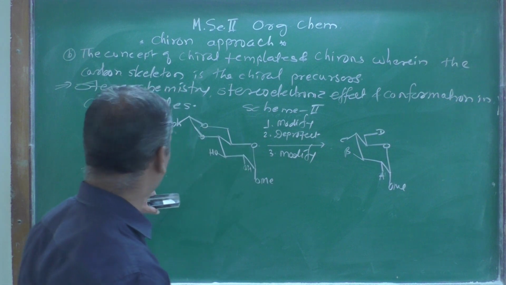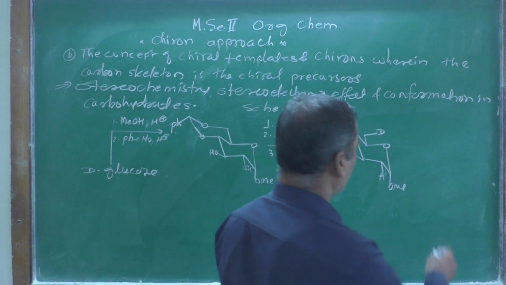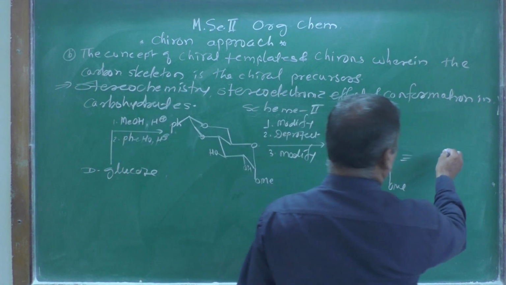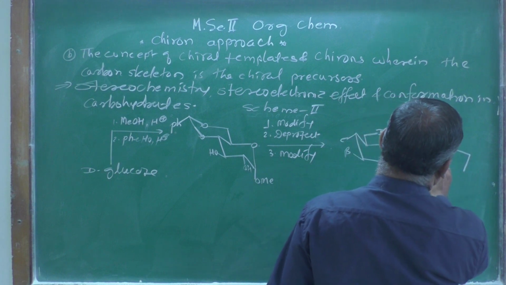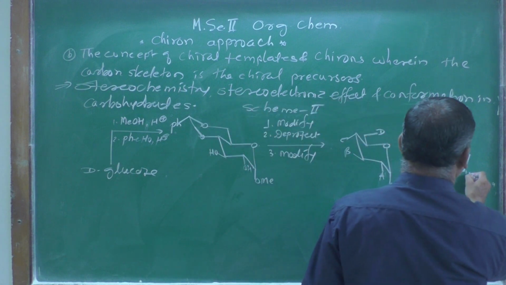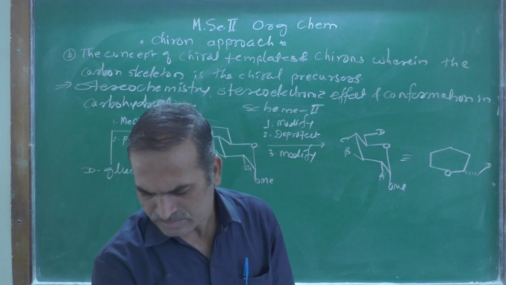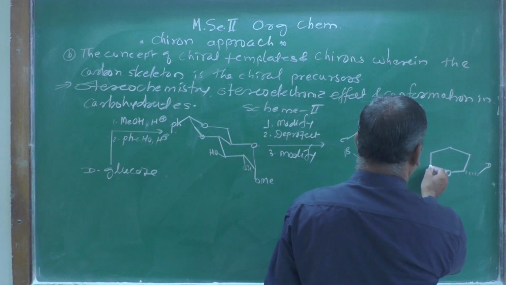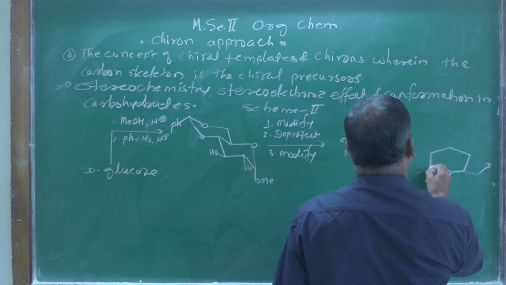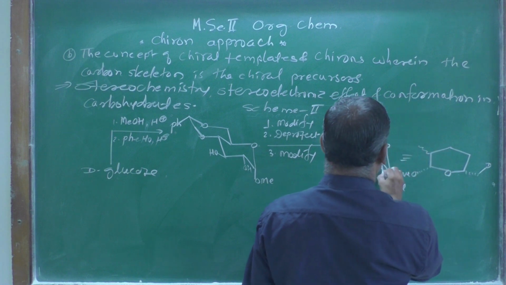This group in D-glucose is shown like this, and we can write this again as a 6-membered ring like this, and here D, and again OMe, and here it is not assigned.